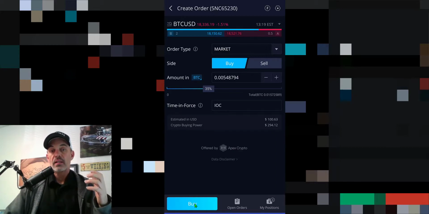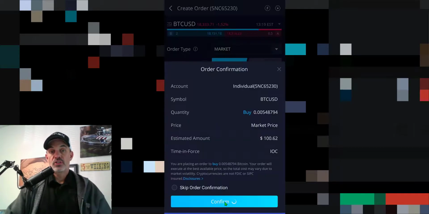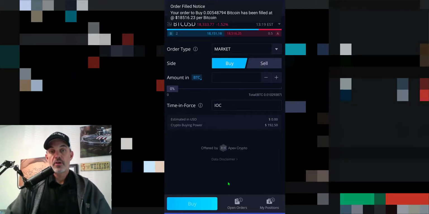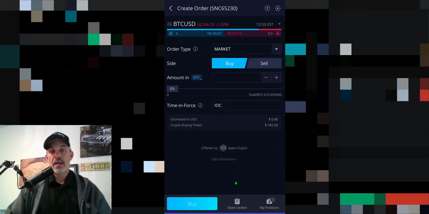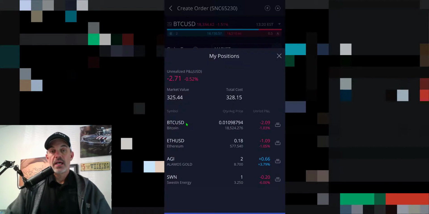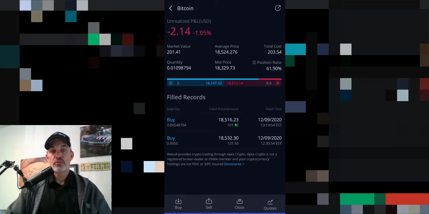So I go ahead and click the buy button, and it will just confirm I want to buy. I click confirm, and then we can go and look at my positions. And I just need to click on this Bitcoin position, and it will break out my two orders I placed, the one I just placed and the one I placed a little bit earlier. The top one is the one I just placed, and as you can see, its price is 18,516.